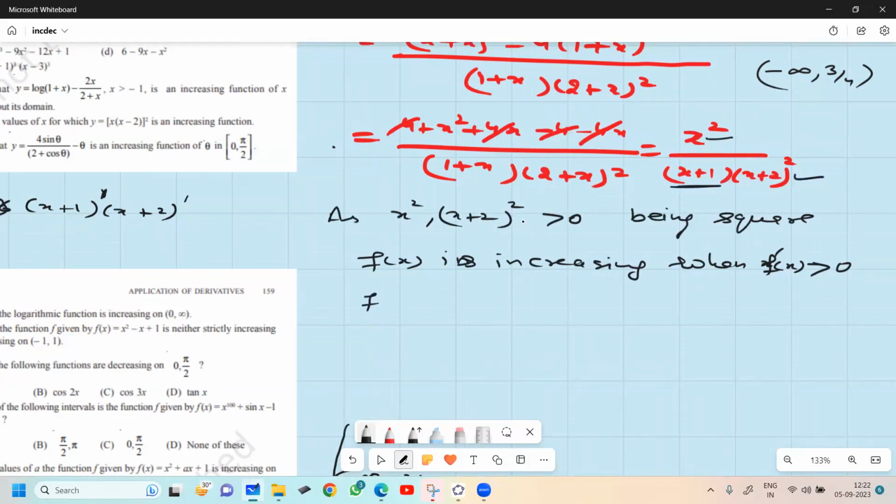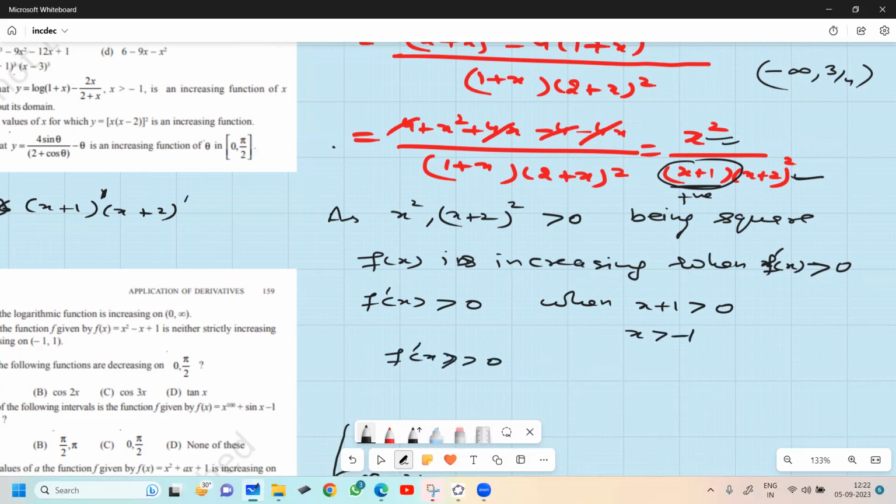So, f dash x is positive when x plus 1 is positive, because if this is negative, then it will become negative. So, we have to make this positive. So, f dash x will be positive when x is greater than minus 1. So, f dash x is greater than 0 when x is greater than minus 1.